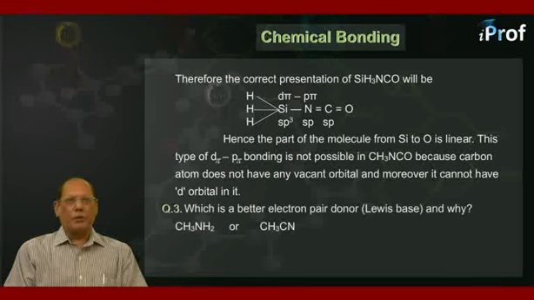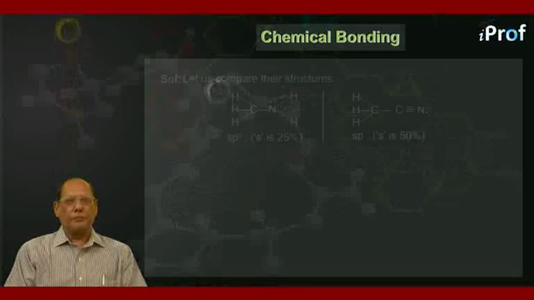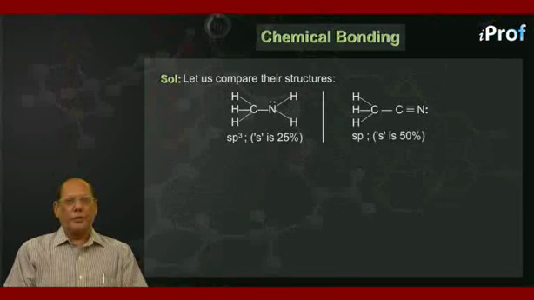Next is question number 3. Which is a better electron pair donor or Lewis base, and why? CH3NH2 or CH3CN? The answer is, let us compare their structures.